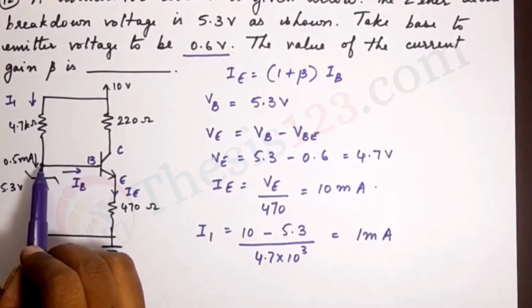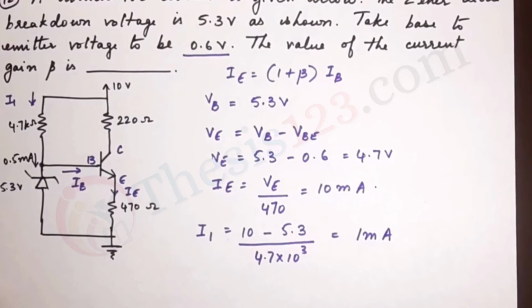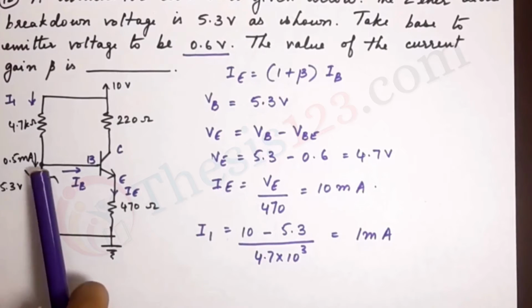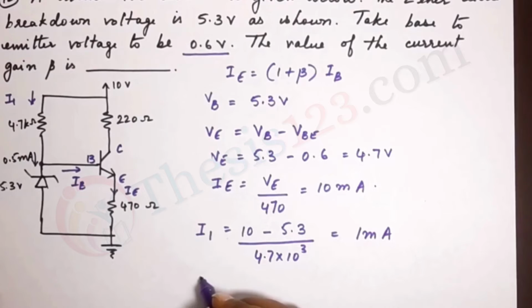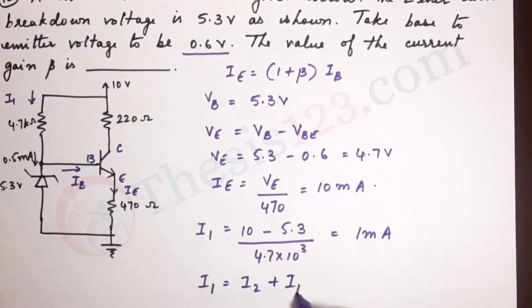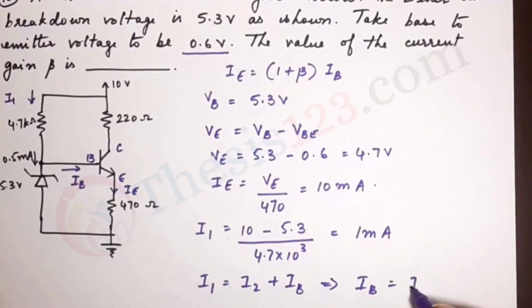Now at this node, we apply KCL, Kirchhoff's current law. Now Kirchhoff's current law, the incoming currents would be equal to the outgoing currents. So let's write that equation down here. I1 is equal to I2 plus IB. Or in other words, IB is equal to I1 minus I2.